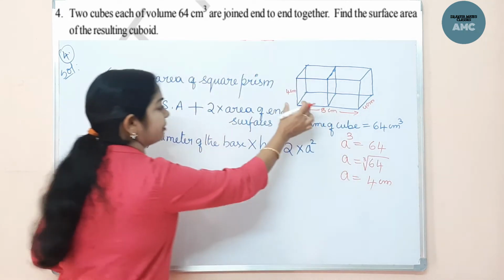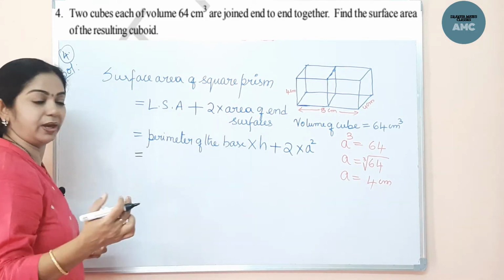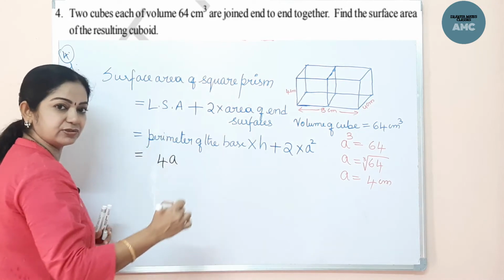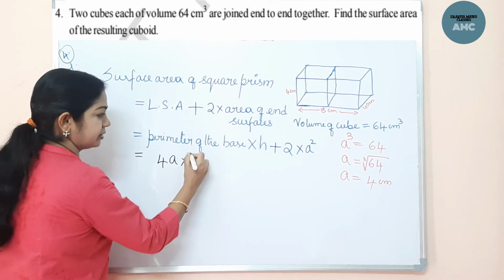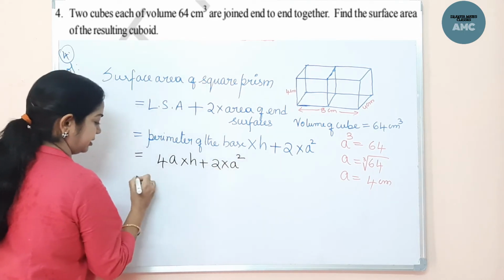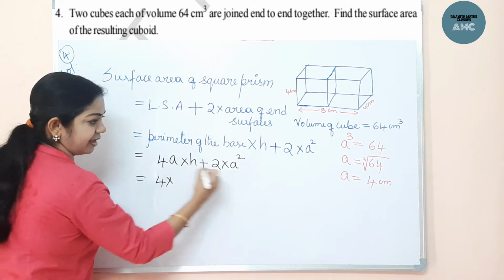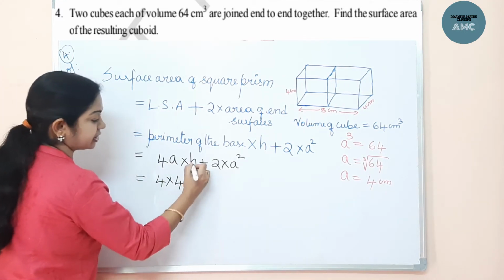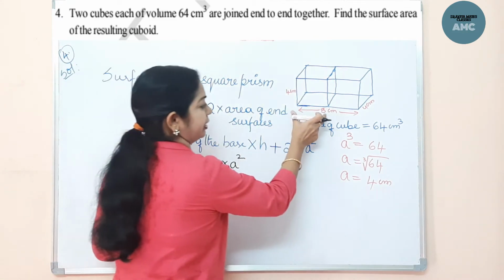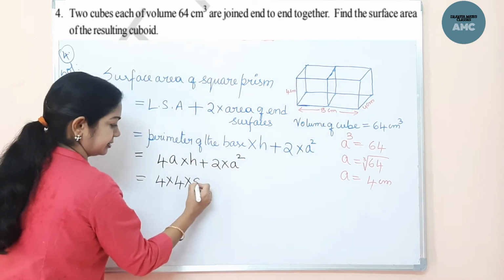Now from this we will substitute. The perimeter of the base is itself a square, so the perimeter of the square is 4a. So 4a, the perimeter of the square, into h plus 2 into a square. Now we will substitute the values: 4 into 4, into h. H is the height or the length of the combination, which is 8.